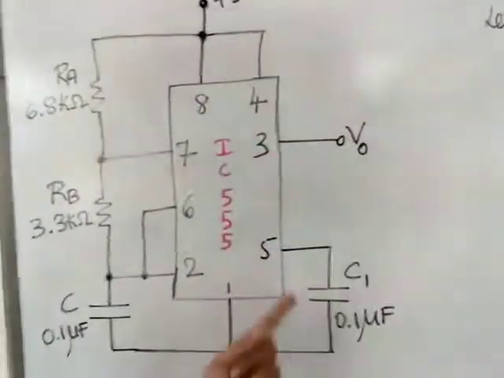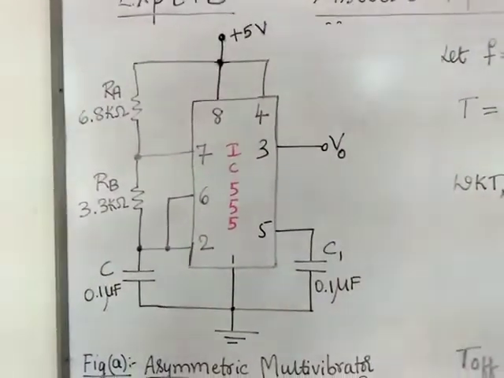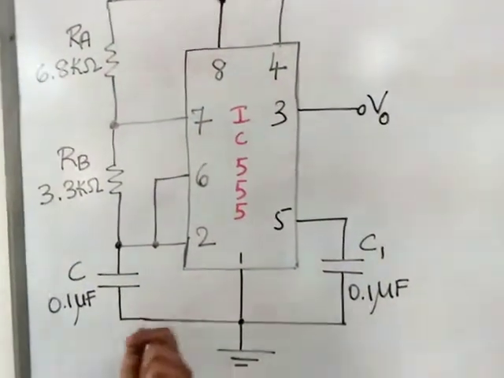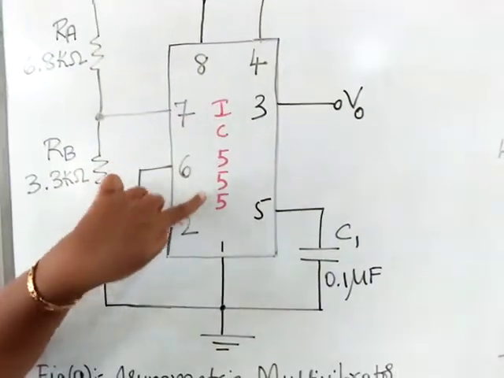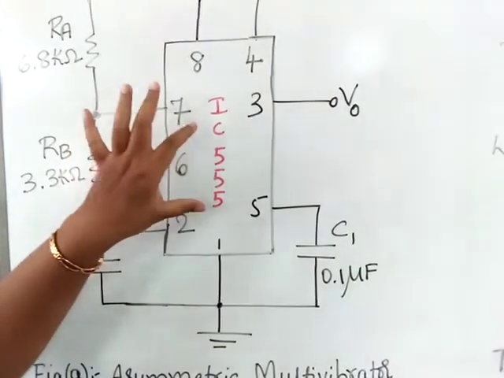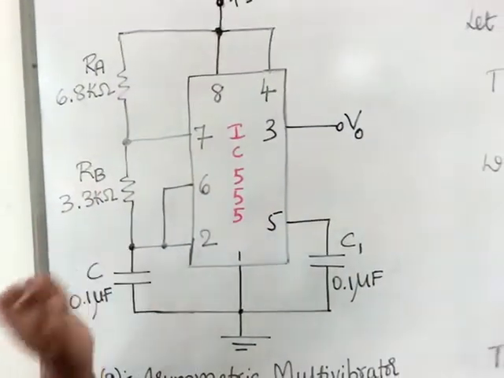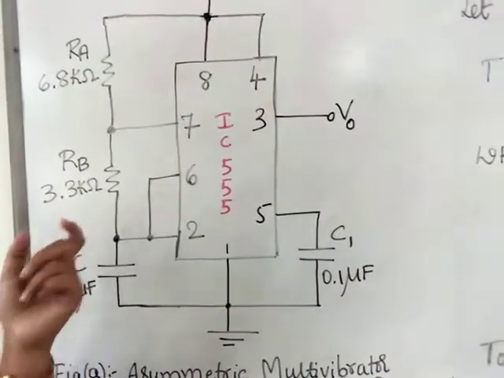This is the circuit diagram of the asymmetric astable multivibrator. The circuit is designed using the IC 555 timer. The IC 555 timer can generate the delay of our requirement.